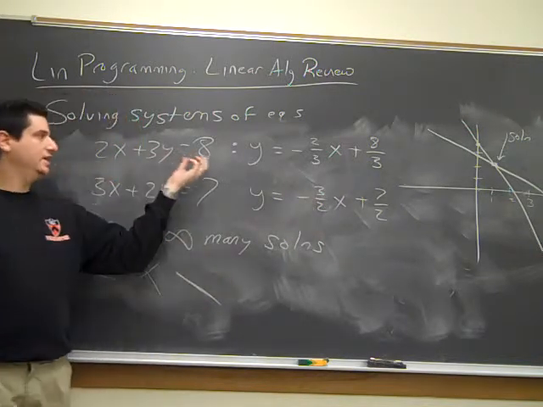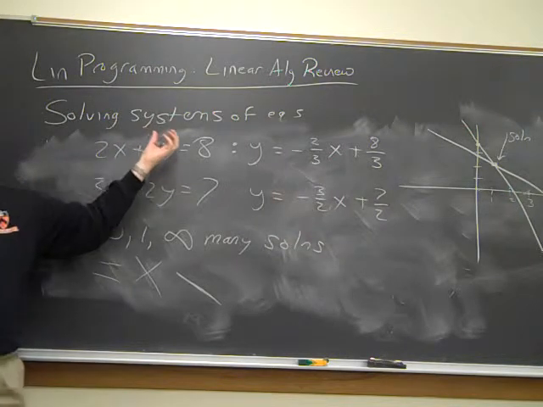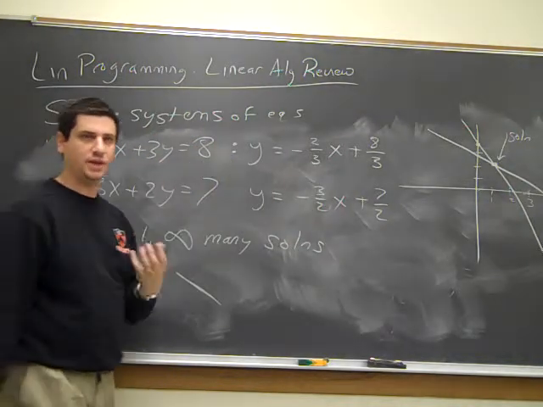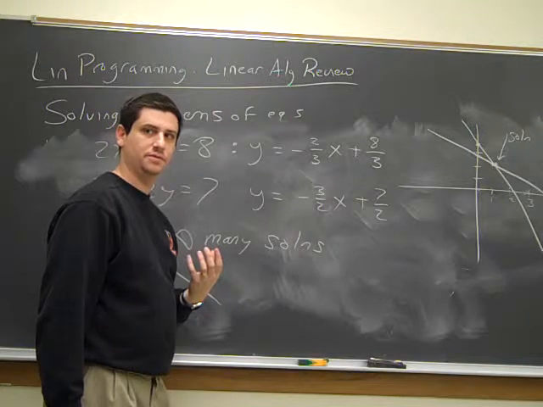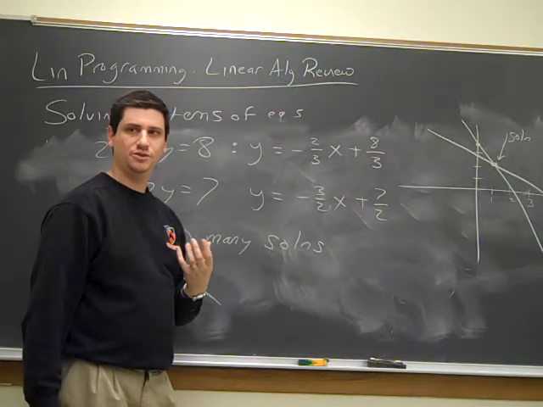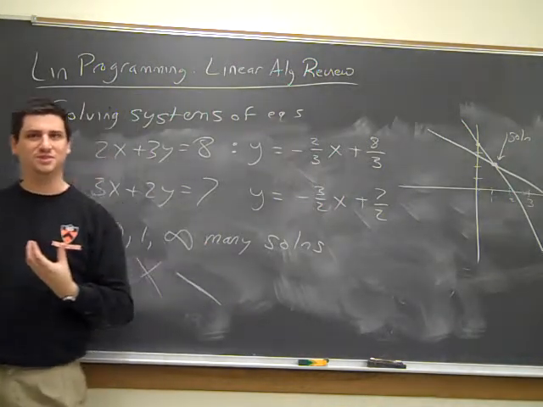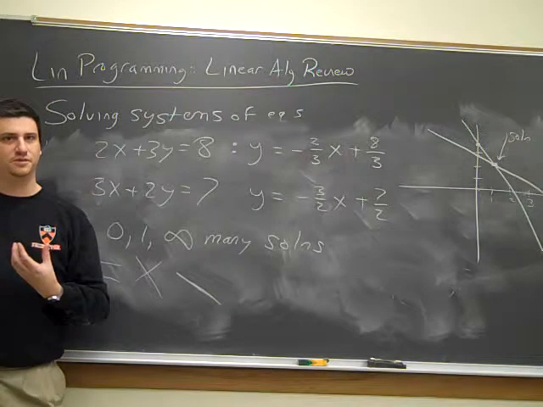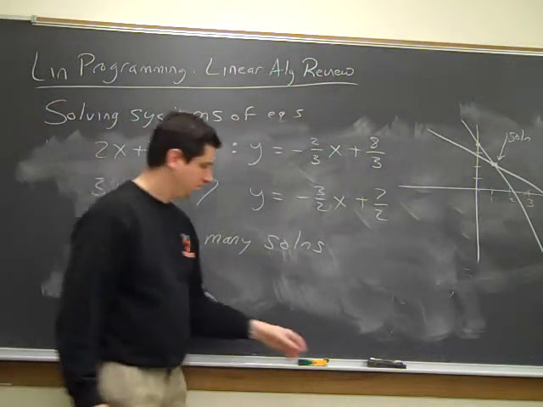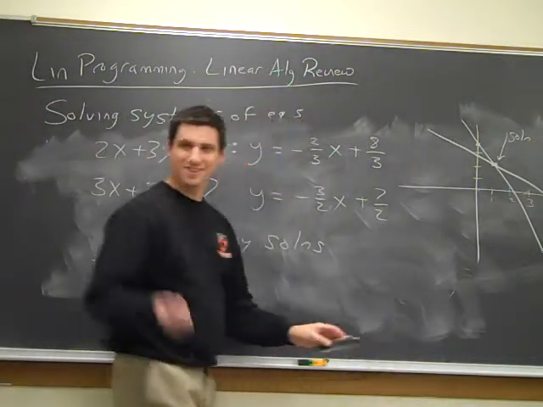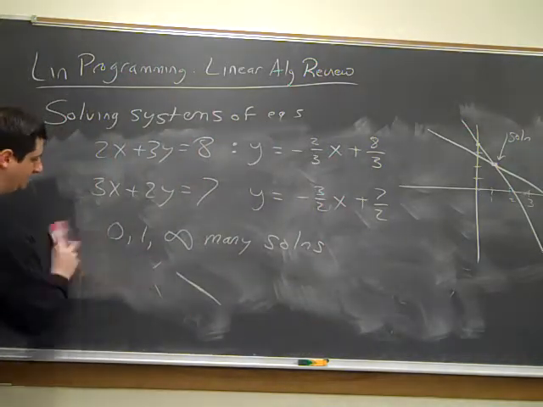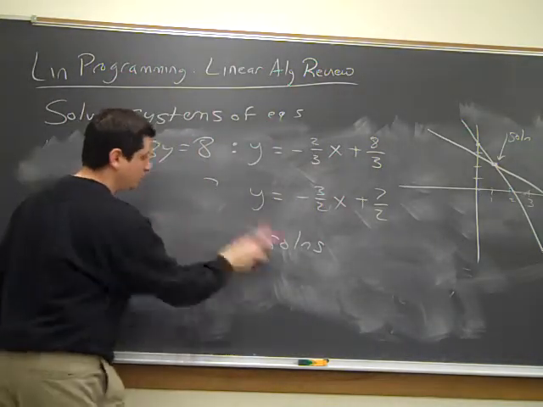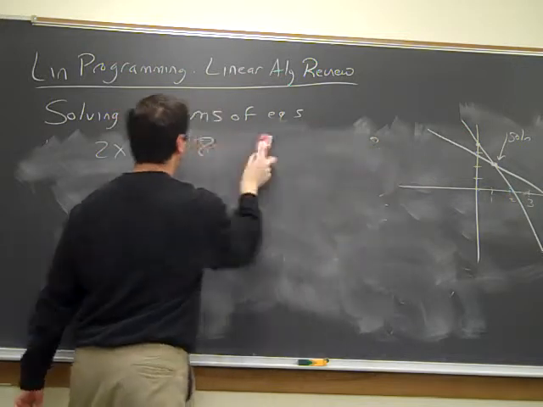Instead of having a line, if we had 2x plus 3y plus 4z, what would that be? So you might remember this from multivariable calculus. It would be a plane, exactly. And so if we added one more variable, we get the equation of a plane.